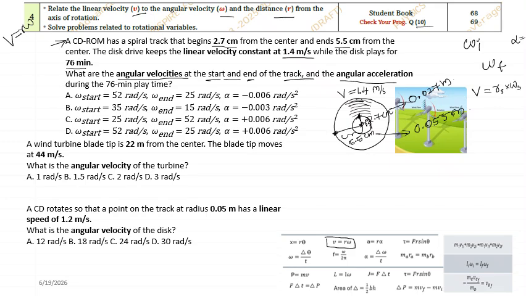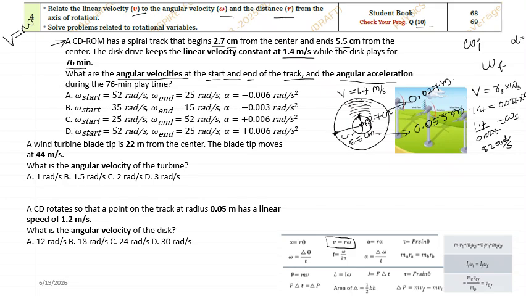So what is v? V is 1.4. That will be equal to, what is radius start? Radius start is 0.027 into, you put it x. So you will get 1.4 divided by 0.027. That will be your omega start. So what is omega start? Omega start, you will be getting 52 rad per second.